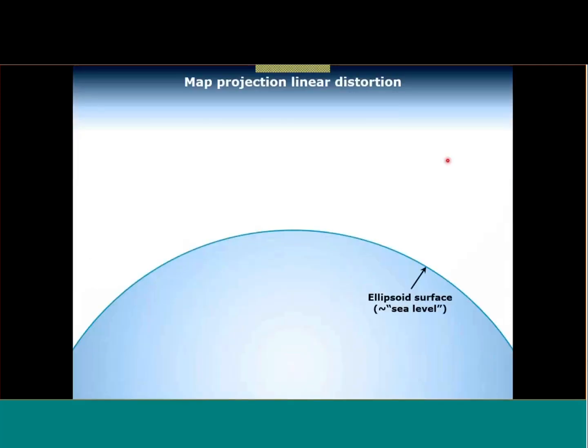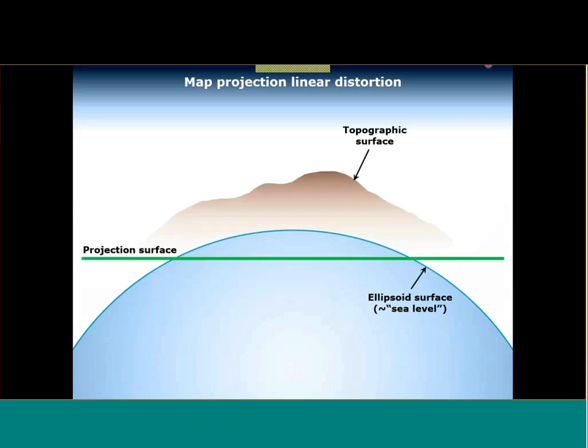With that, it helps to show some cartoons. So on here, I have this globe representing the model that we use of the Earth, an ellipsoid, more or less at sea level. And then above it, in most cases, is the topographic surface of the Earth. It's certainly true in Arizona. Now, for a typical projected coordinate system like state plane or UTM, the projection surface cuts through the ellipsoid like I'm showing here. And you can imagine a light bulb at the middle of the Earth projecting out.